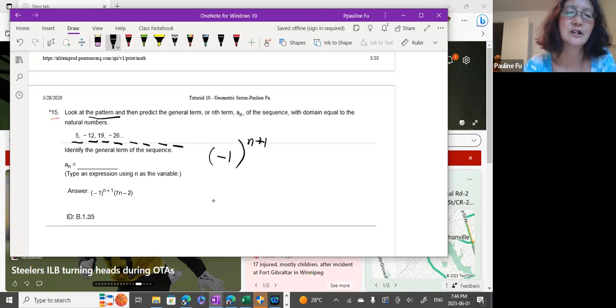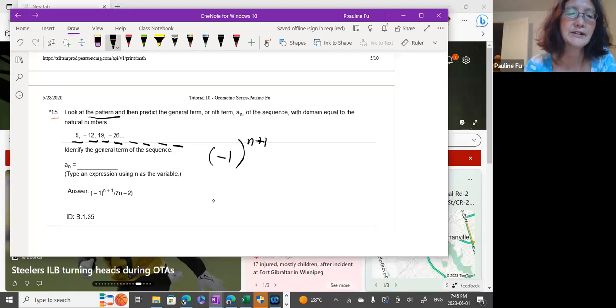It is not an arithmetic sequence, because you cannot find the common D, you cannot find the common R. There is no common D, no common R. So one pattern we observe is positive, negative, positive, negative.